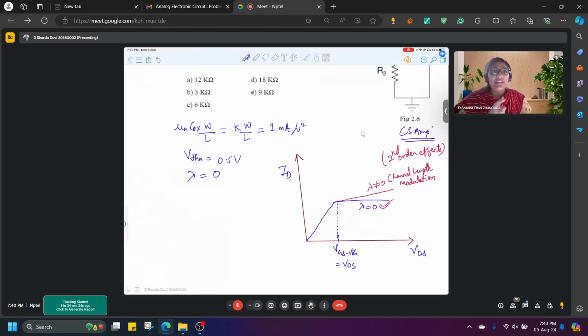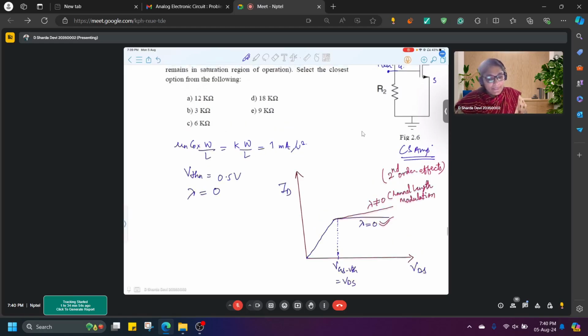Whereas when the value of lambda is other than 0, there is a possibility of channel length modulation. And when there is channel length modulation, definitely the formulas of current will change, that we'll observe in the upcoming questions. Okay?